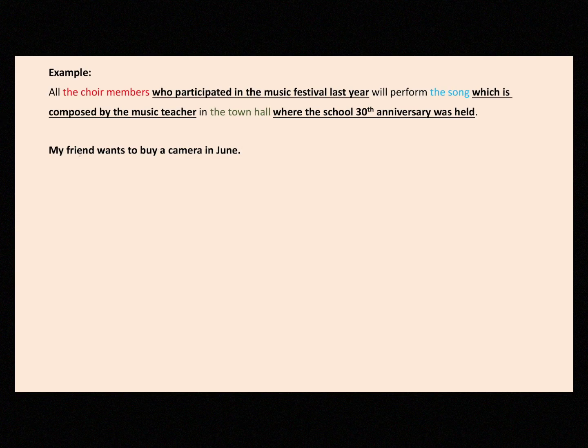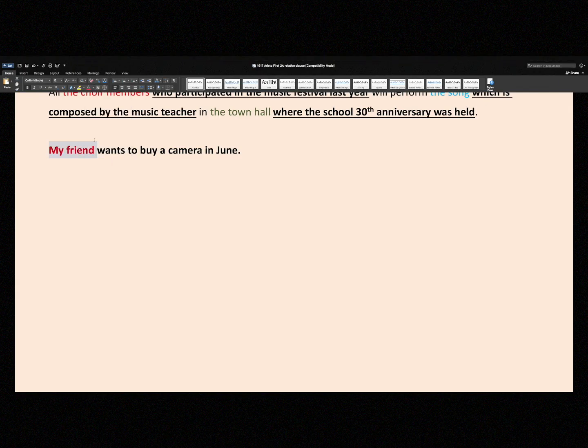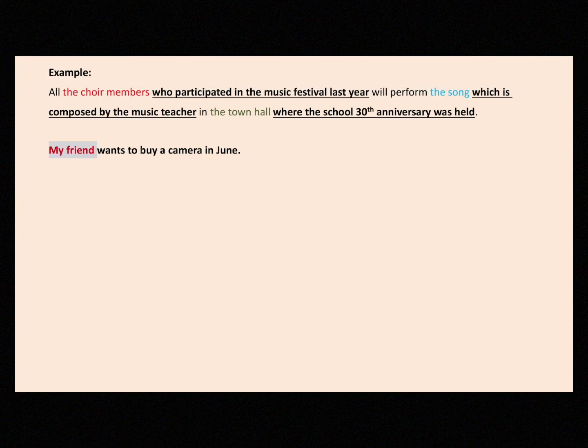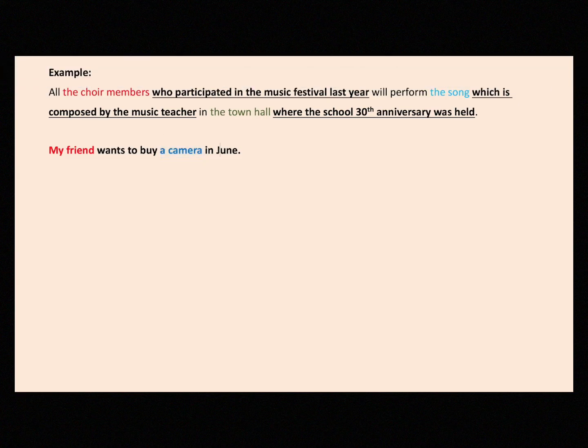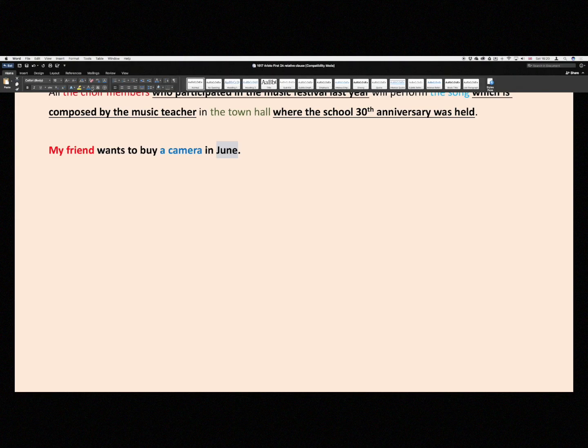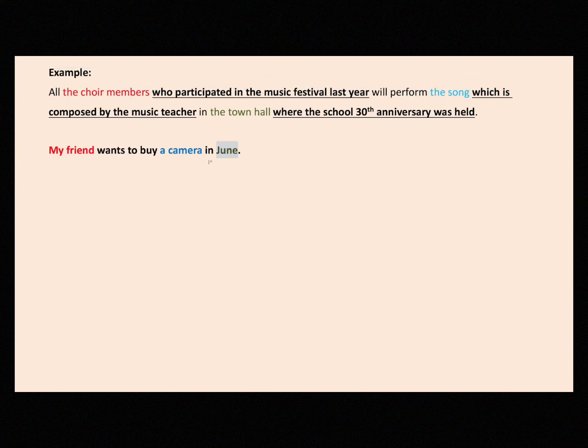Now, it is very easy to identify that my friend is the subject of that sentence. And also, a camera is the object of the sentence. And also in June, June is the prepositional object because it was brought about by a prepositional phrase.